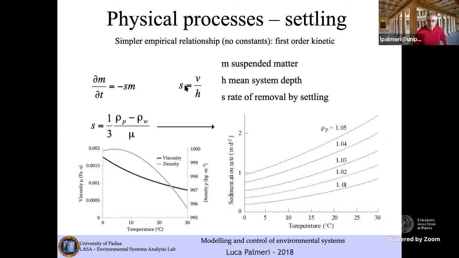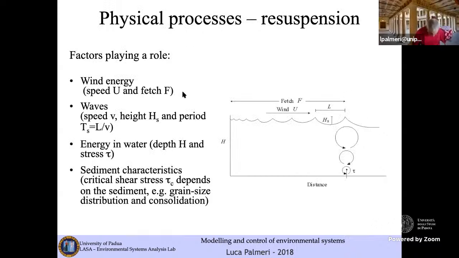Okay? So this is more or less what we may employ for building a settling model, or a process of sedimentation, or a process of transfer of biomass or masses from the water column to the bottom sediment.